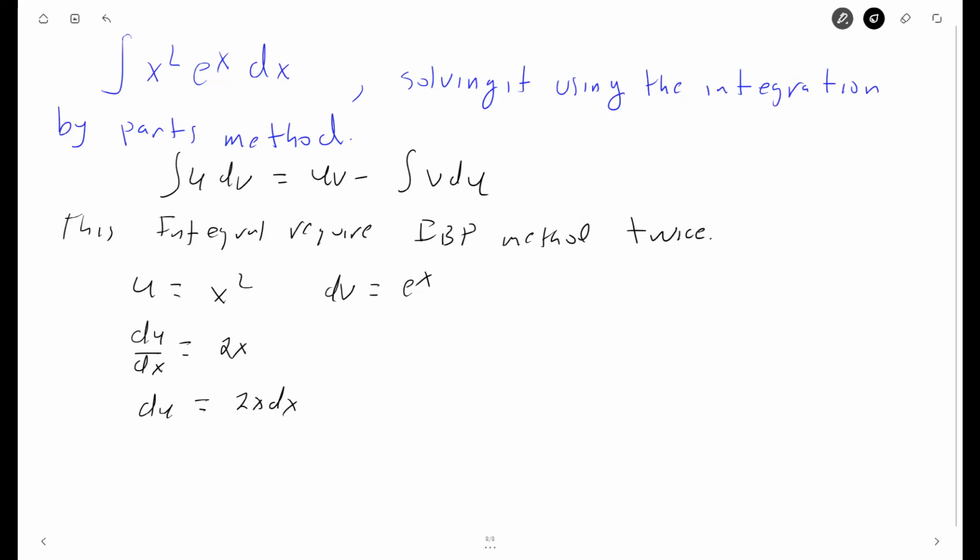And dv equal to e to the x implies that v is equal to e to the x.